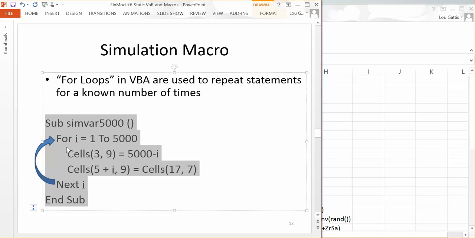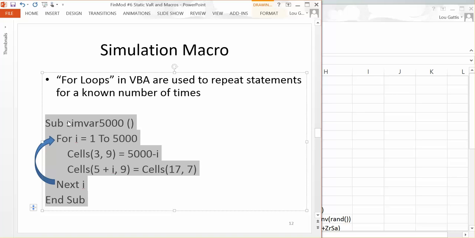And then each time I goes to 1, it's going to put in the 5th row, 9th column. I'm sorry, 6th row, 9th column, 5 plus 1, 9, what's currently in 17,7. So the Cells command is something new. The Cells command is how you have macros or functions interact with your spreadsheet.